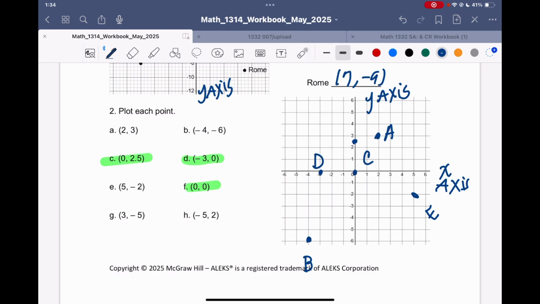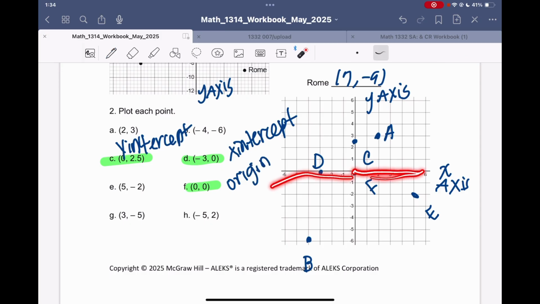Look at F. F is the origin. Y-intercept. X-intercept. And then 0, 0 is what we call the origin. Origin is where you start when you are trying to plot points on the graph.